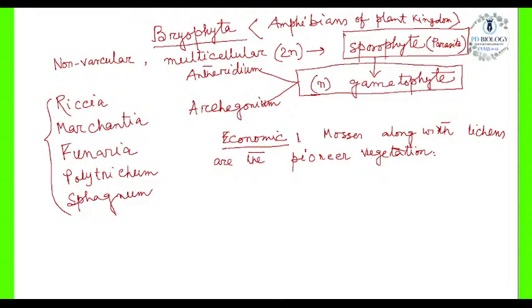Pioneer vegetation means the first organisms to start any sort of vegetation. They start on bare rock and form soil and make the place suitable for other plant groups.